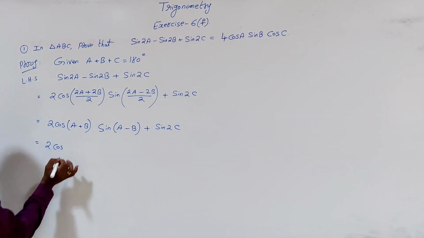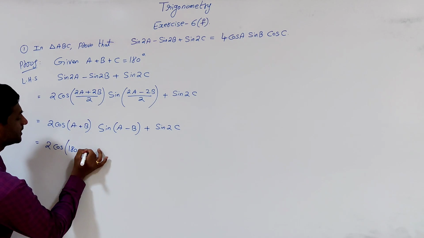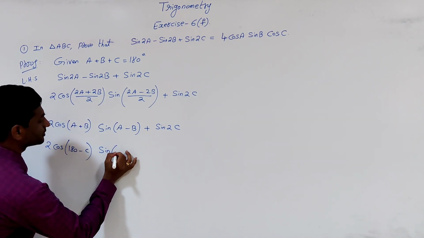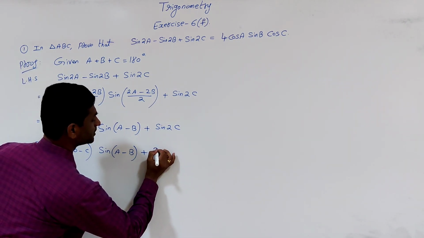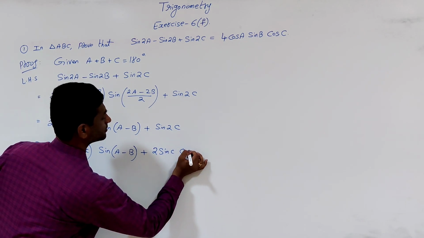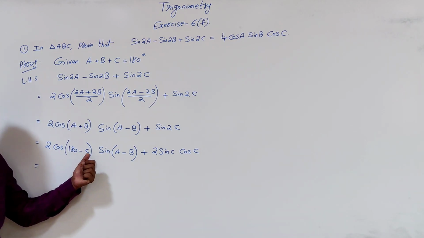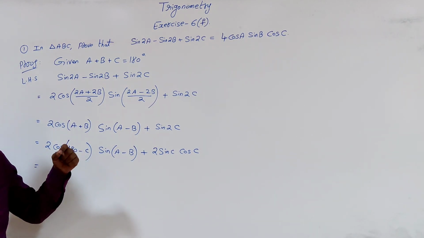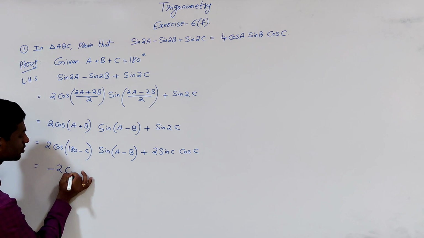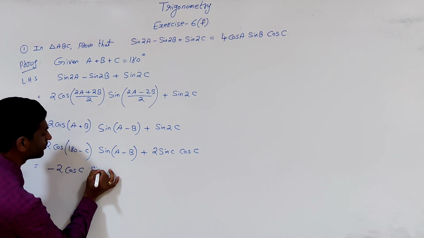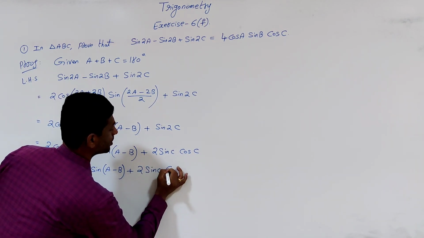So 2 cos(A plus B), from the condition A plus B can be written as 180 minus C, sin(A minus B) plus sin 2C, which can be written as 2 sin C cos C. Now cos of (180 minus C): 180 minus C lies in the second quadrant, and in the second quadrant cos has a negative sign.